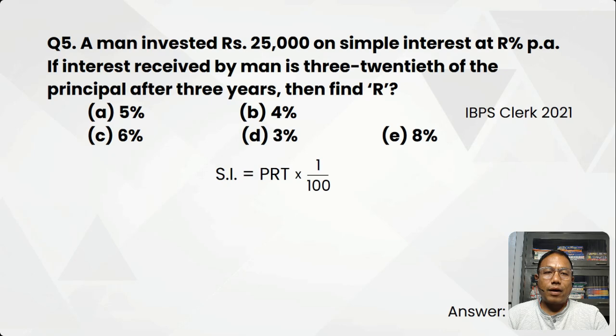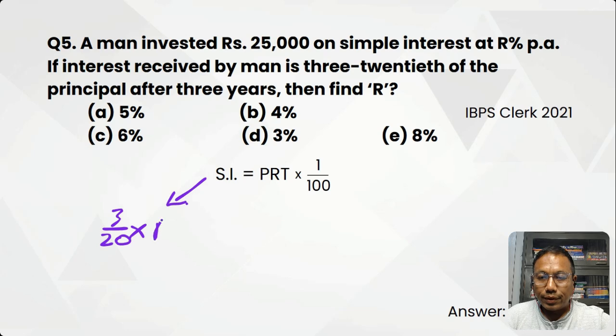Let's solve IBPS Clerk Prelims 2021 question. Simple interest is equal to PRT into 1 by 100. A man invests 25,000 on simple interest at R% per annum. If interest received by the man is 3/20 of principal, that means simple interest is 3/20 of the principal. Here principal is P. What is the rate of interest?